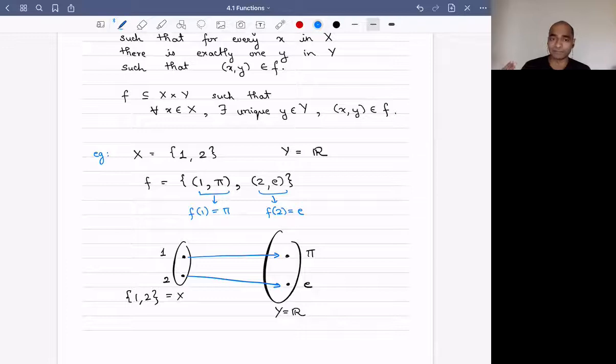So now we have 3 different perspectives on function. You can think of it as a black box that takes in input and produces an output. You can think of it as a tuple, or you can think of it as this picture. So let me just highlight the 3 things. This is the black box picture. Takes in 1, gives you pi. Takes in 2, gives you e.